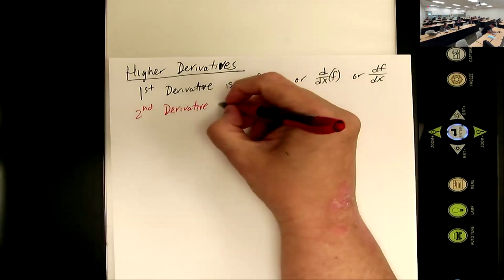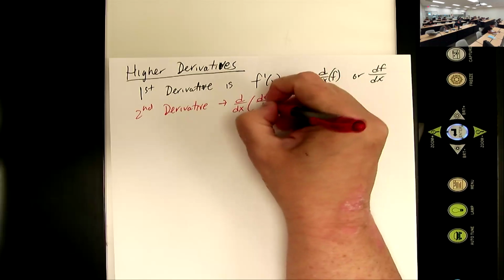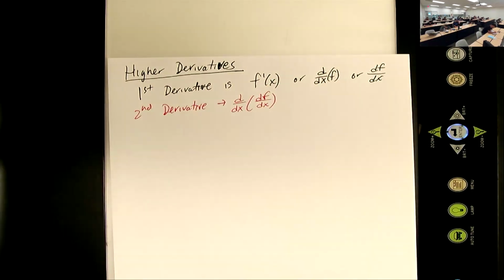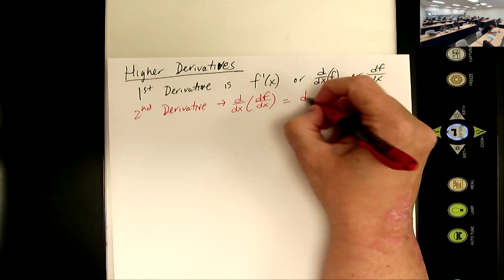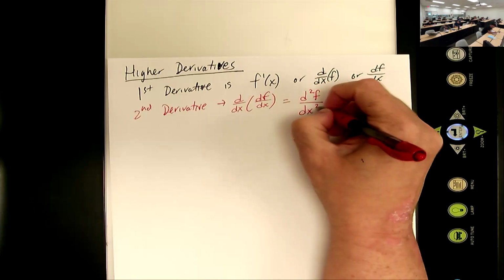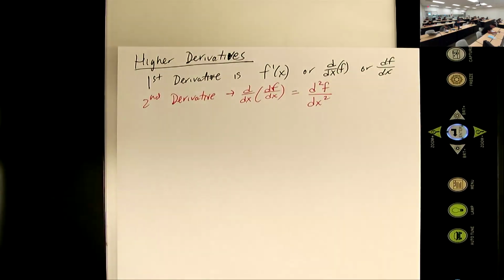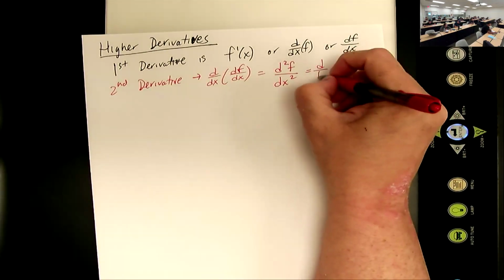What we're really doing is we're taking the derivative of df dx. And so when we write this as d2f over dx squared. Another way is doing d dx of f prime.